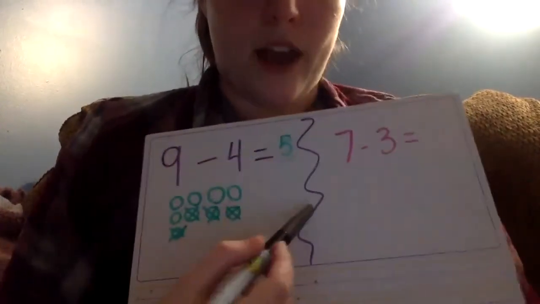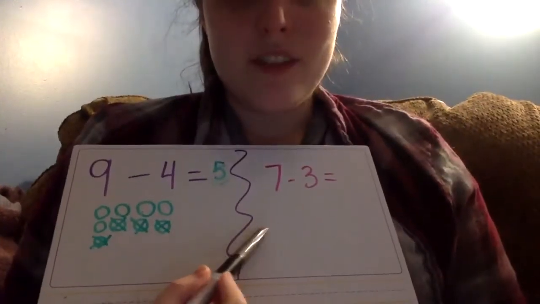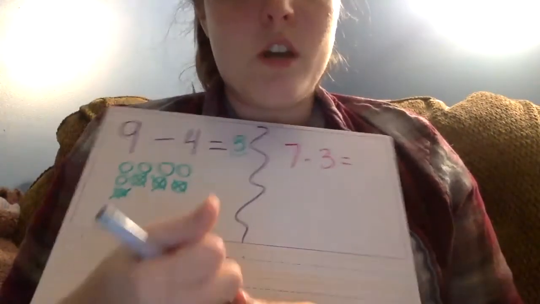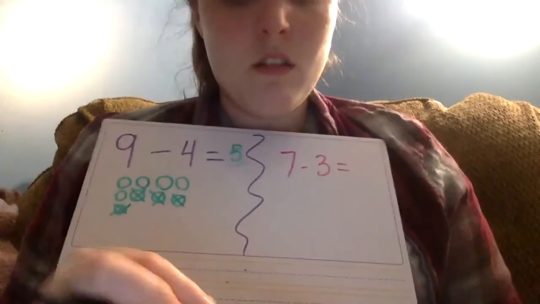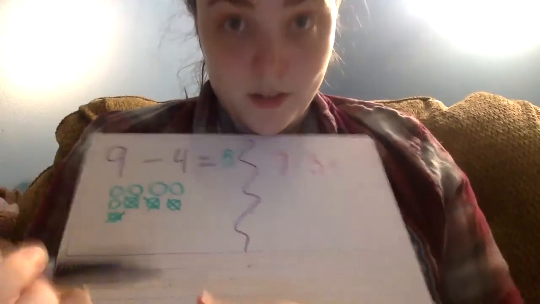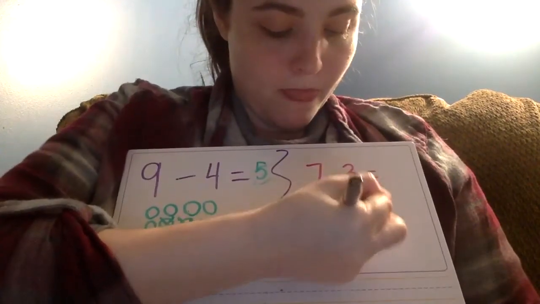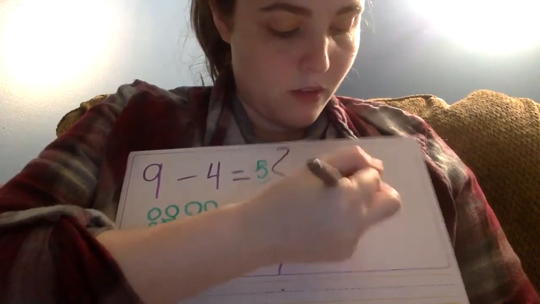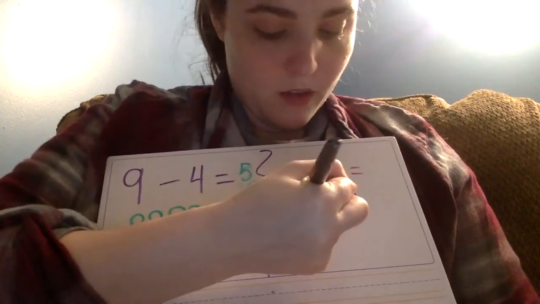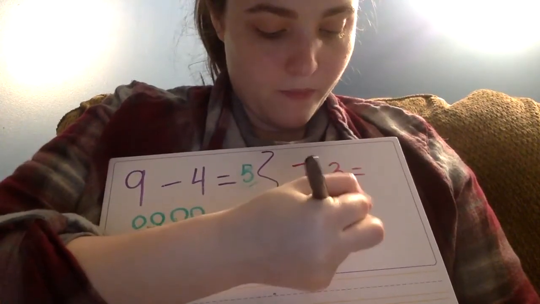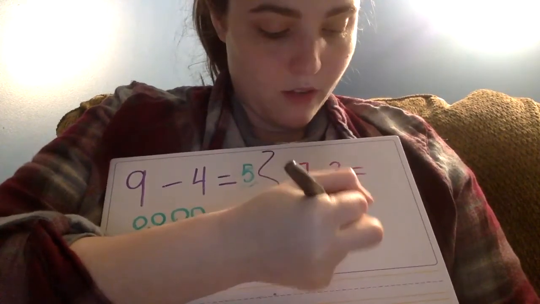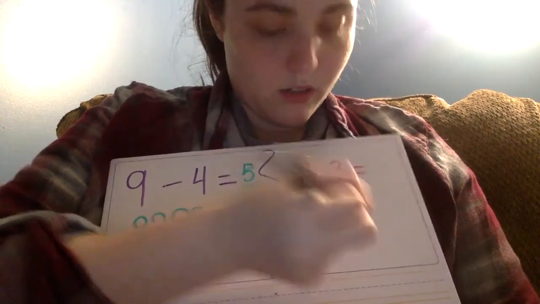This time we're going to have 7. Mrs. Carmody has 7 brownies. Yummy. 1, 2, 3, 4, 5, 6, 7.